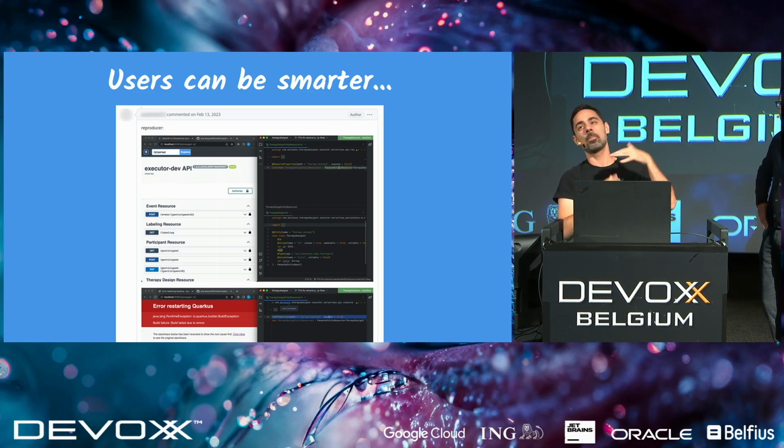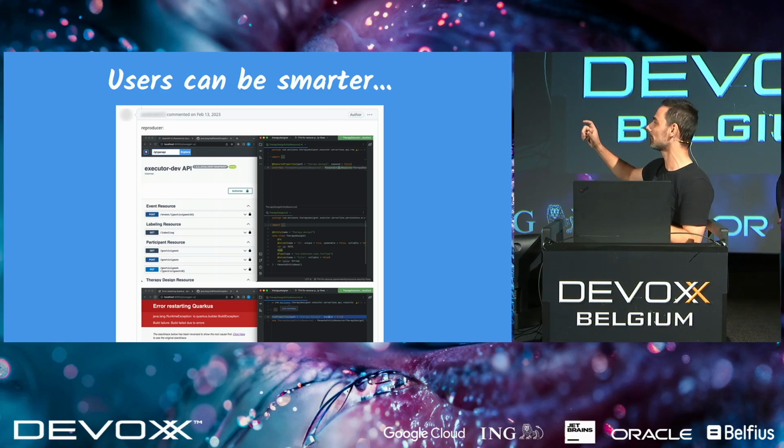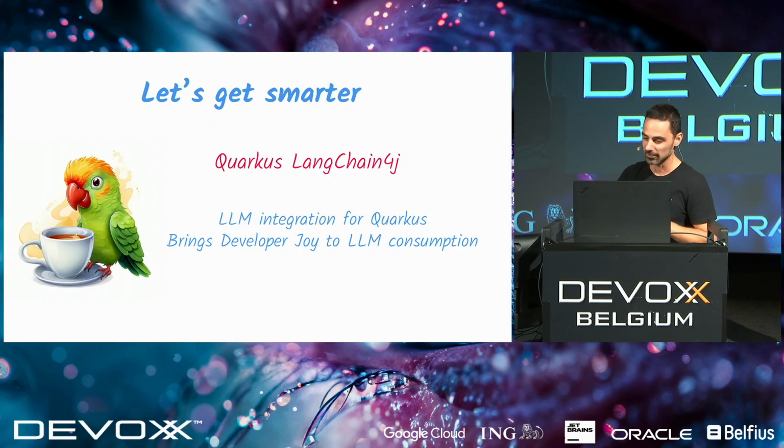Up until very recently, we had very little means of handling cases that required natural language processing or image processing or stuff like that. But since last year, at DevOps Belgium 2023, when LangChain4j was announced, we have put a significant amount of effort into integrating it with Quarkus.